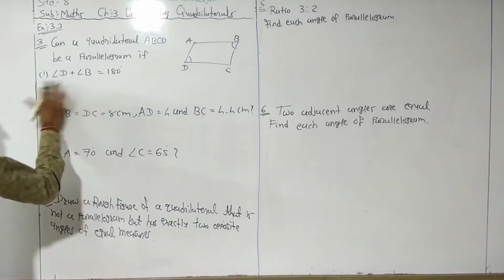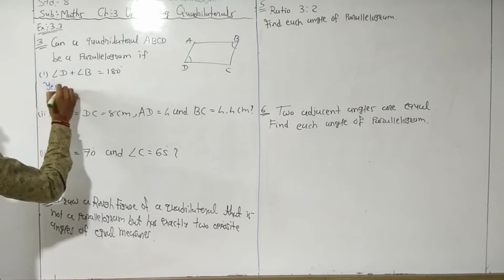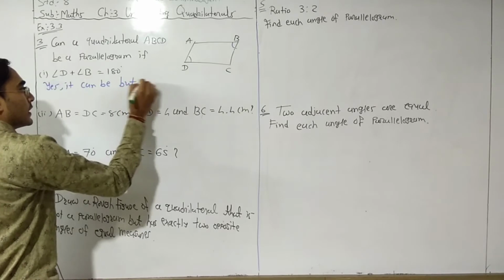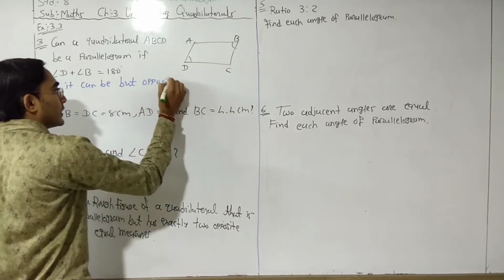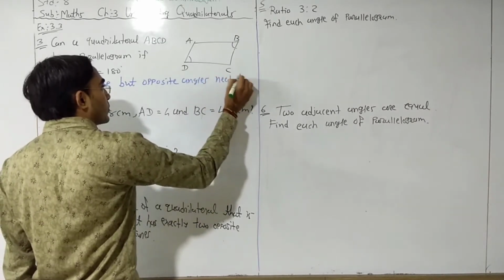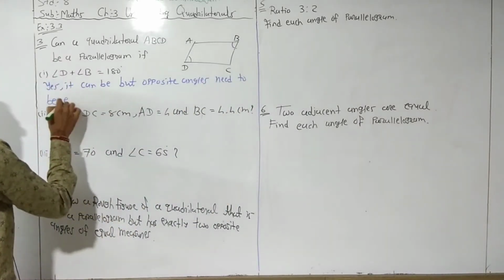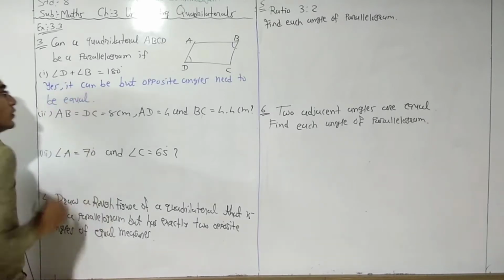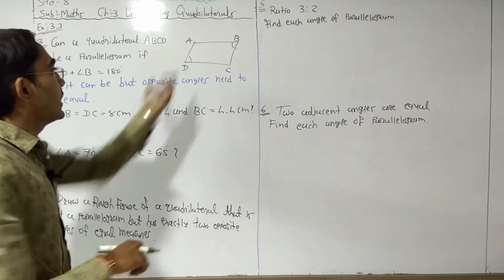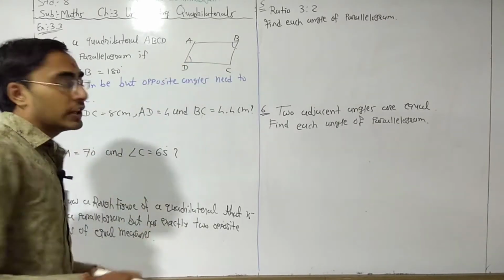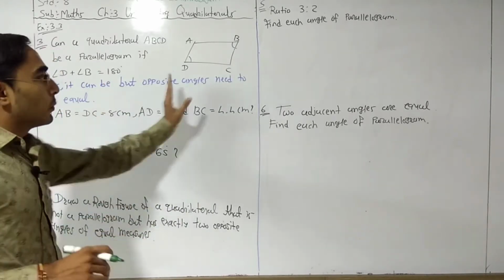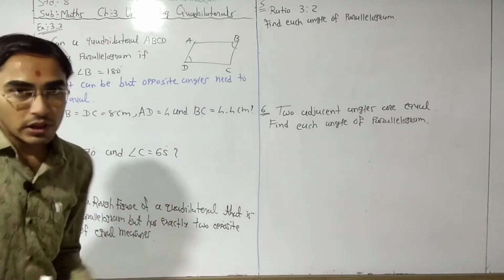Yes, it can be, but opposite angles need to be equal. Hence sometimes it is true if both angles have measurement 90 degrees, then the sum is 180 degrees. But what is the main condition? Opposite angles need to be equal.